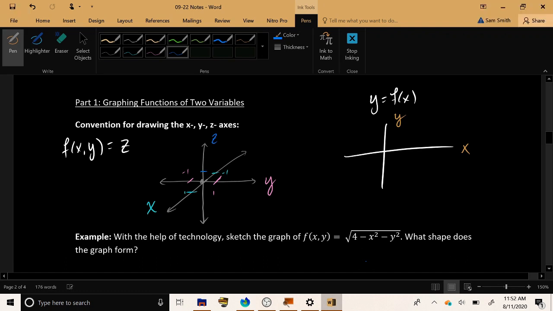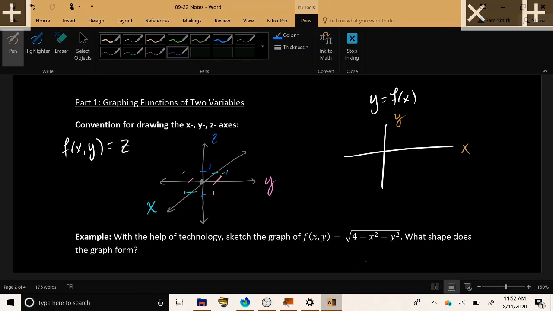So we have z equals positive 1 going up, z equals negative 1 going down. This is our convention when we draw x, y, z axes. Unless something otherwise is specified, x is coming toward us, y is to the right, and z is straight up.